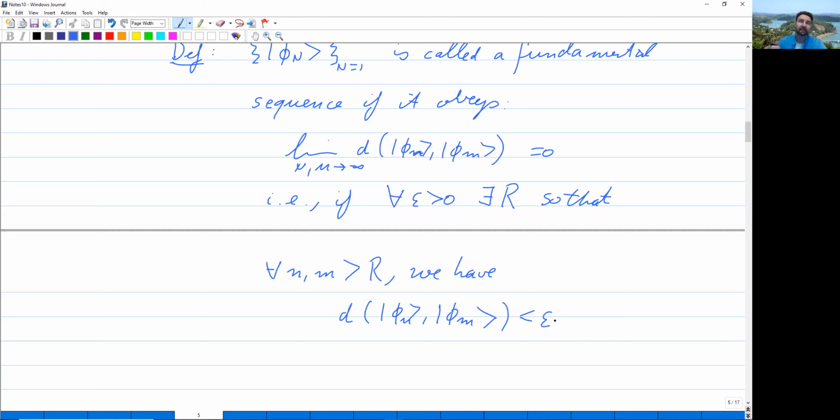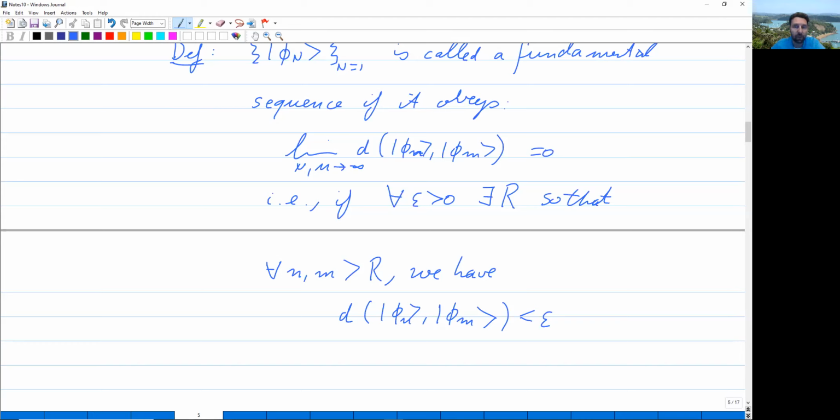So what this means is that, let's pick some epsilon, like epsilon could be 10 to the minus 1,000. Really, really small. Then this condition says there ought to be a number, capital R, such that all vectors whose indices n and m are larger than r are closer than our epsilon.